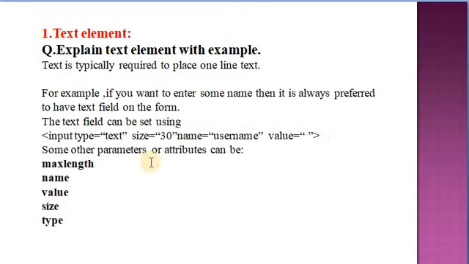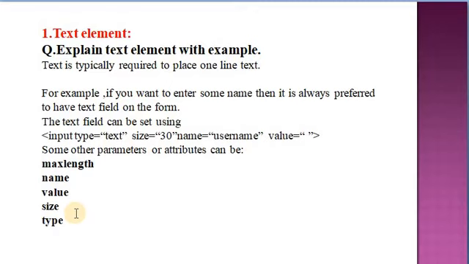Some other attributes of text can be maxlength. Maxlength allows us to enter text of some maximum length. The name attribute indicates the name of a text field. The value attribute is the initial value, which specifies the initial text displayed in the text field.